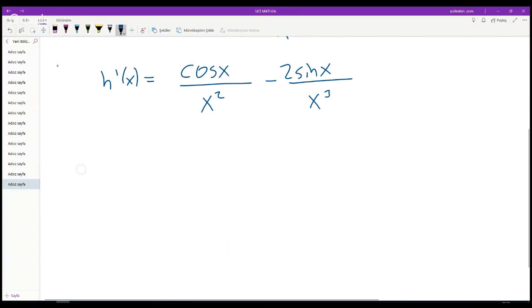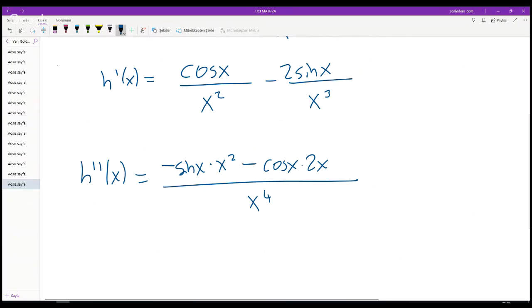And then now for the second derivative, I'll differentiate these two parts separately. The first part, again, quotient rule, minus sinus x times x squared and minus, due to the formula, cosinus x times 2x over x to the power 4. This is the first part. And the second part, I write the minus and I take the parentheses, don't forget that.